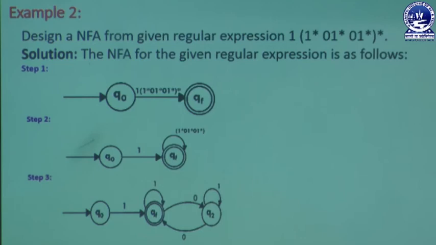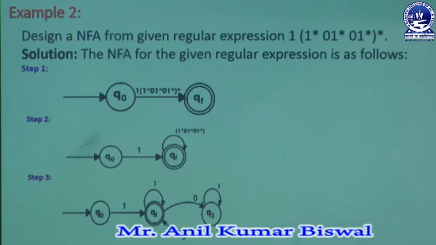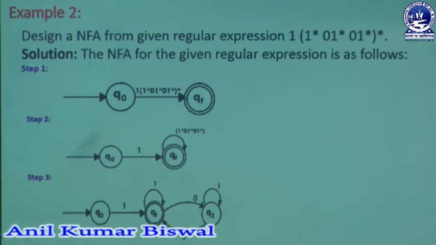At the time of conversion we always follow some steps. In that there are 3 steps in this example, and if a user wants to convert this concept in different ways, it is also possible, there is no big problem. We are going to discuss this further in the next example.